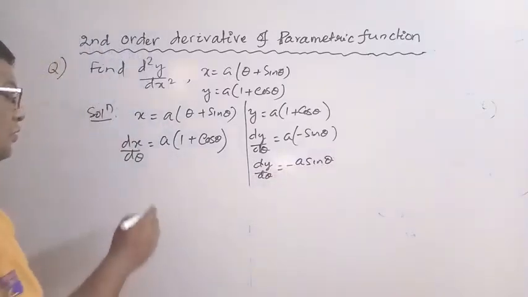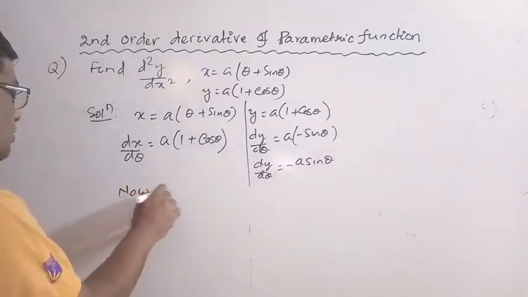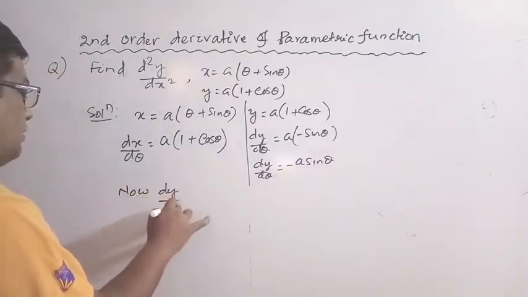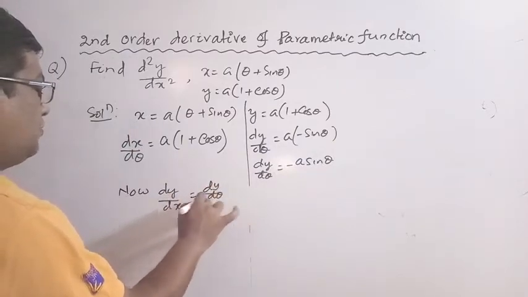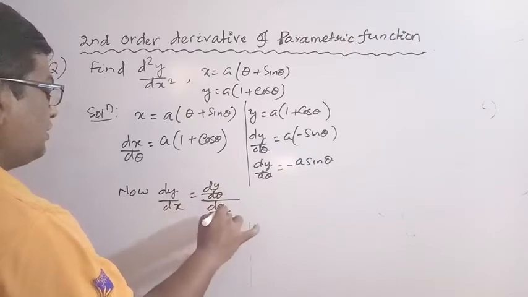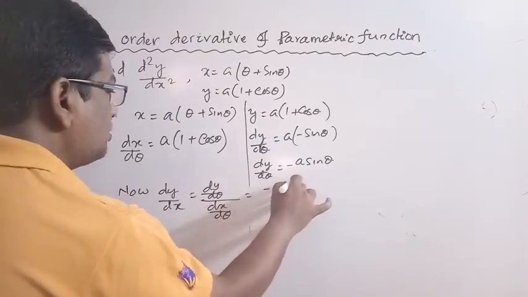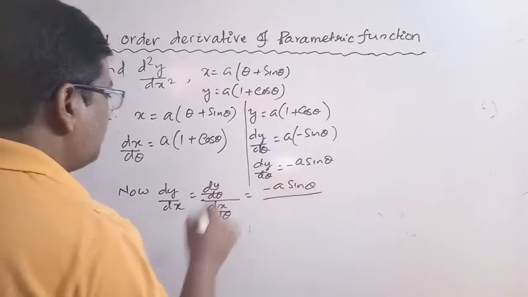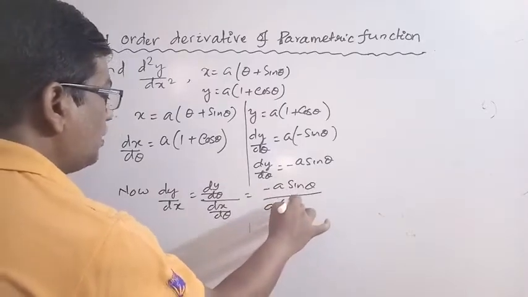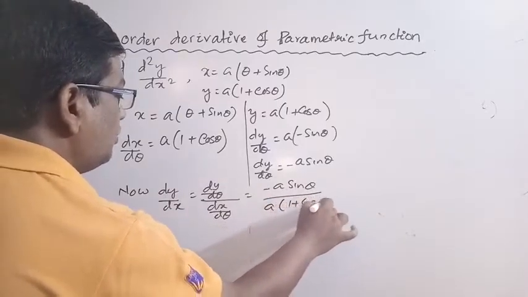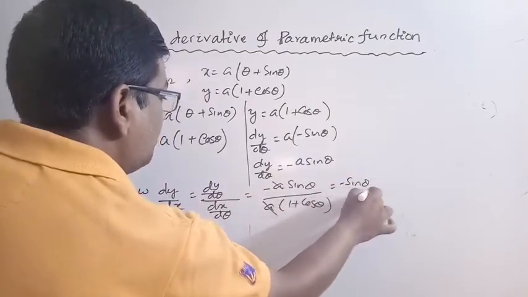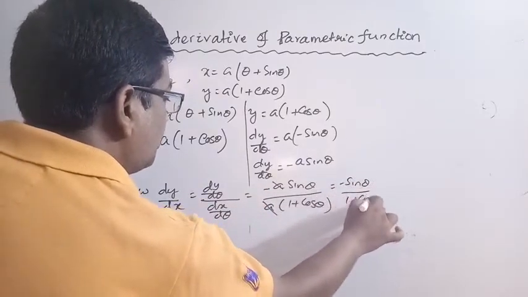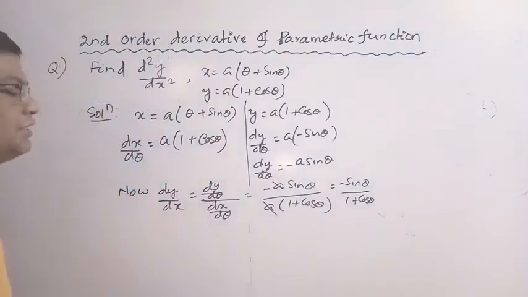Now dy by dx is equal to dy by d theta divided by dx by d theta, so this is equal to minus a sin theta divided by a into 1 plus cos theta. The a's cancel, this is minus sin theta divided by 1 plus cos theta. This is dy by dx.